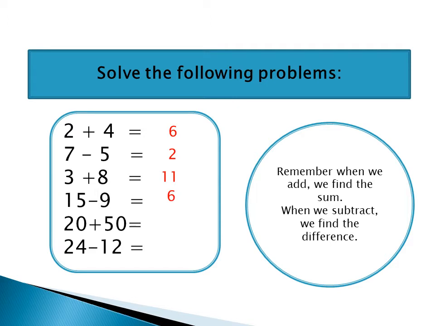Very good! 6. 20 plus 50? 70. 24 minus 12 equals? 12. Remember, when we add, we find the sum. When we subtract, we find the difference.